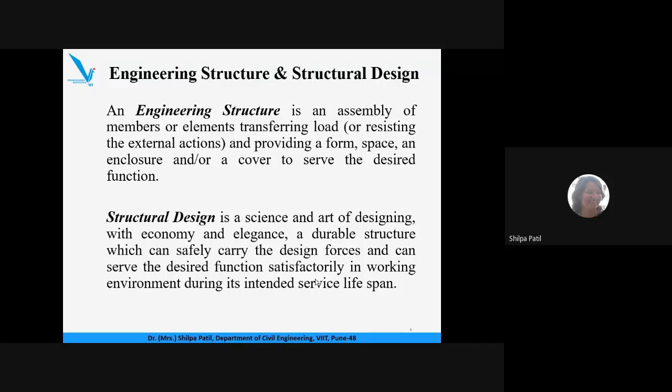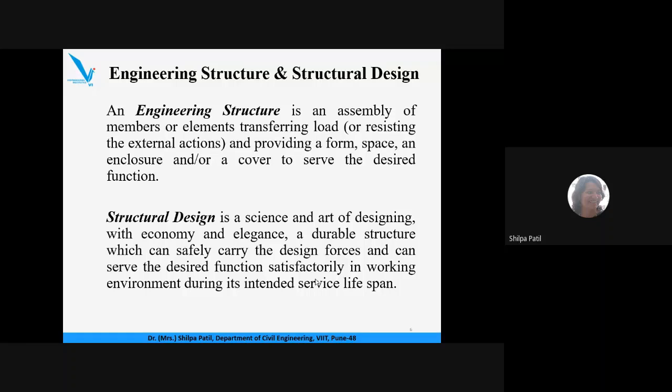Again, as we defined the term engineering structure, all the members of a particular structure should carry the force safely and transfer the force to the next connecting member, and can serve the desired function satisfactorily. If we construct a building for residential purpose, it should serve that desired function.